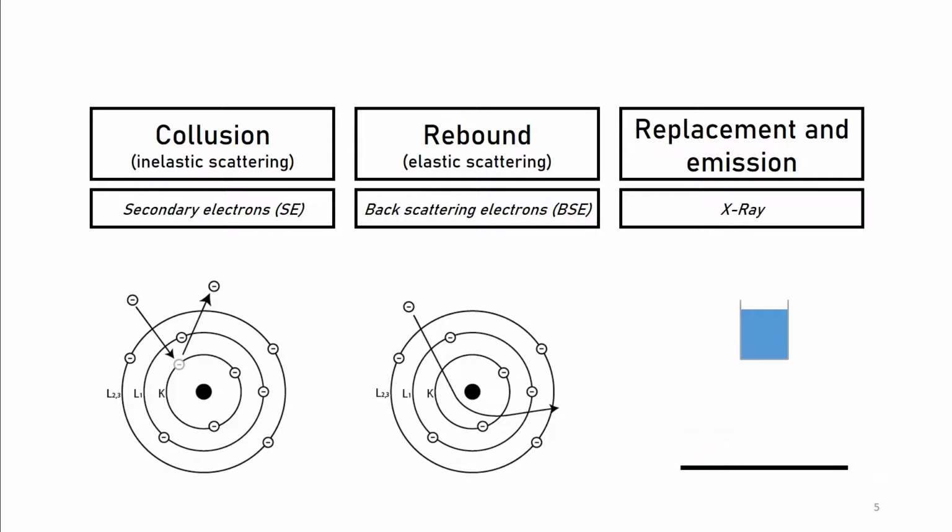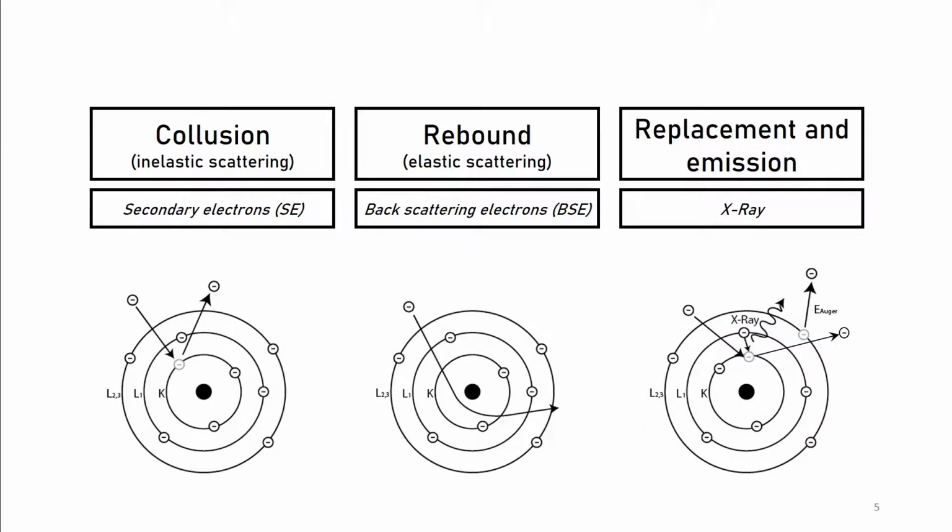The last thing that might happen is replacement and emission. Kind of like you accidentally shoot a ball into the stomach of your friend, the water glass slips out of his hands and water splashes out. The splashing of water, that's the X-rays that you can detect.